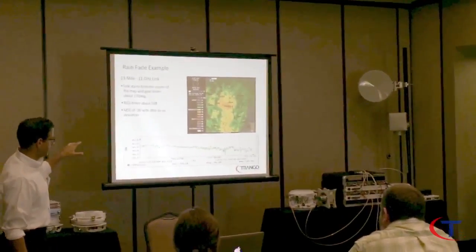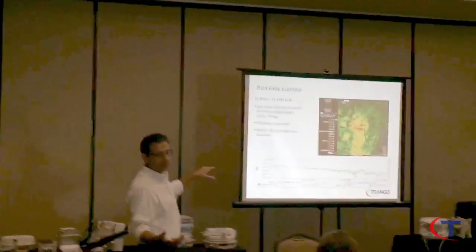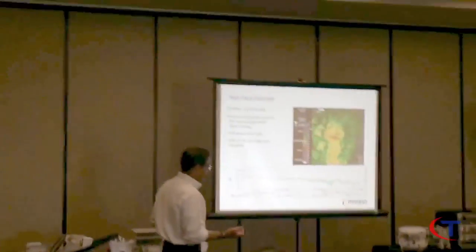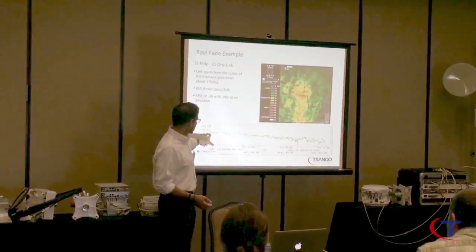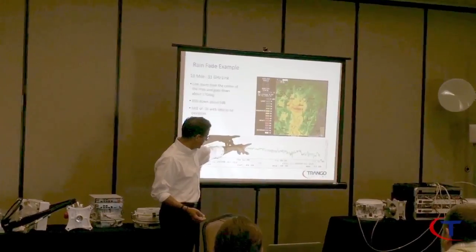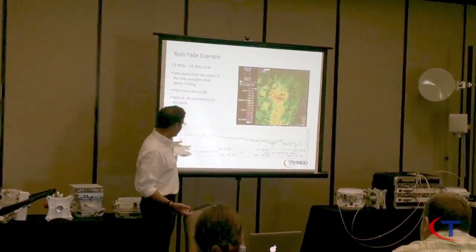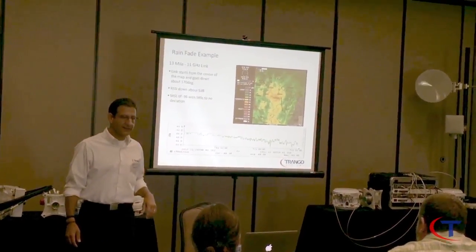This is a real-time graph of what happens, and this can all be graphed through SNMP or the Trango NMS, but it shows you the signal pretty steady until it starts to rain, and then you can see it start to rate shift down. In this case, it only went down, what, 4 dB, something like that.